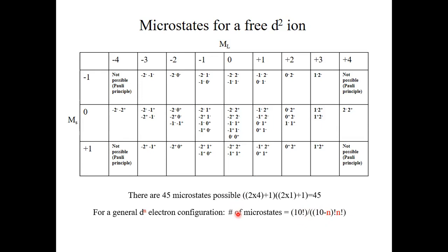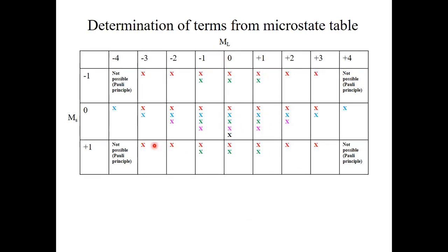So now let's determine really the number of possible terms. So here is again the microstate table, and you see it here in a somewhat simpler form, in which basically each microstate is just represented by an X. Now you see these X's have different colors, and that is because the colors are associated with certain boxes.